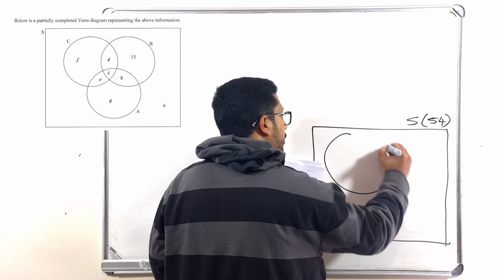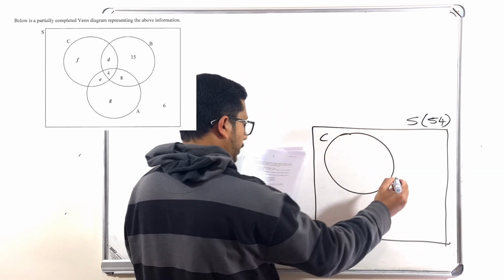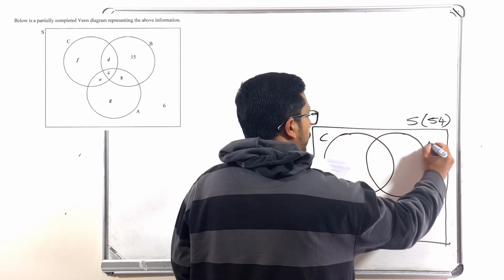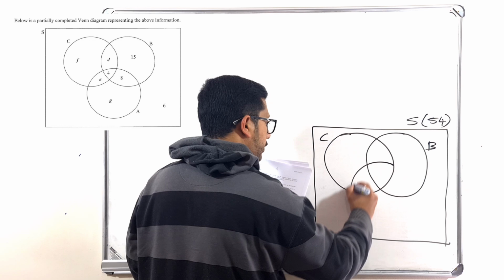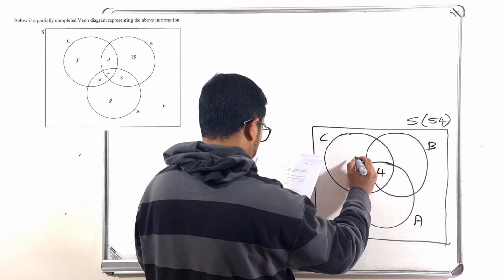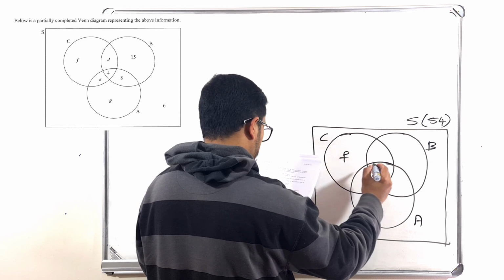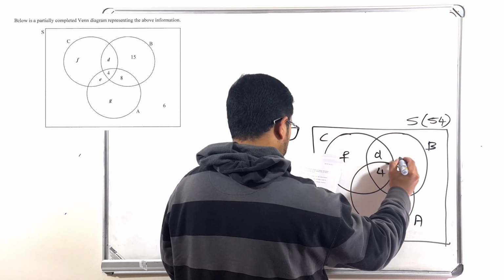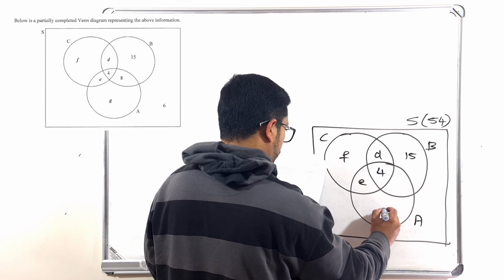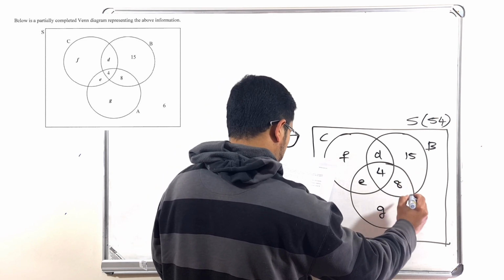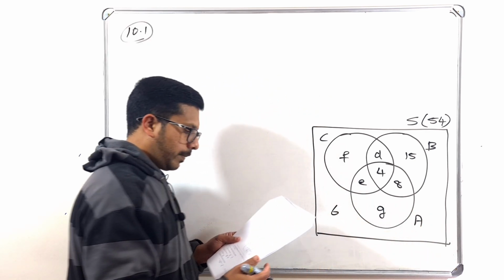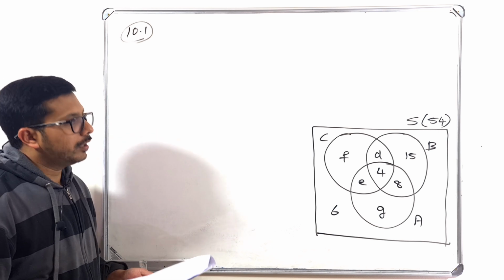This is our C, this is B, and this one is our A. This is 4 given, and this is F, this is D, 15, E, G, 8, and outside it is 6. These are the given quantities.